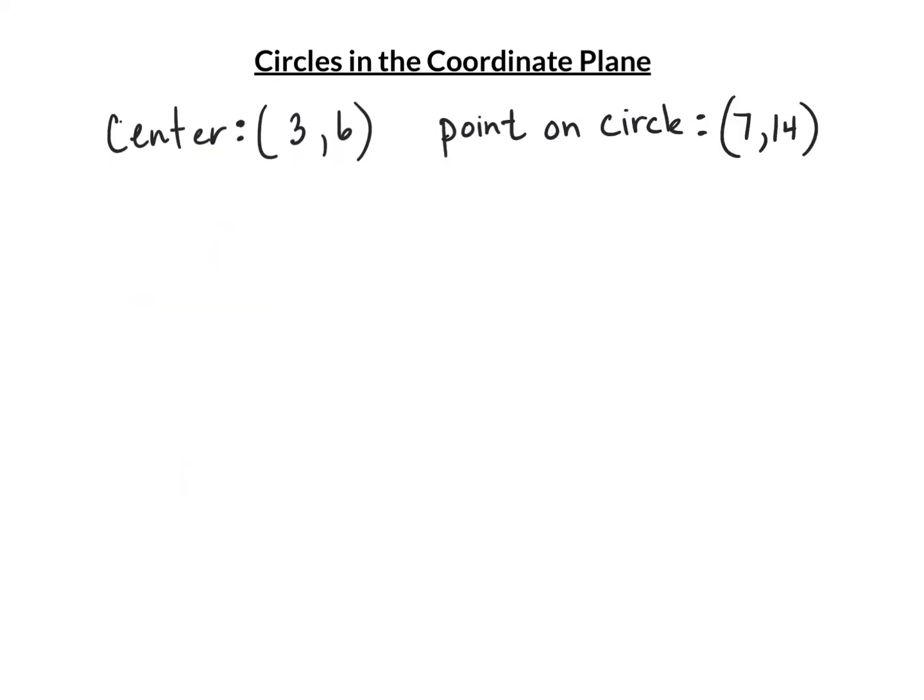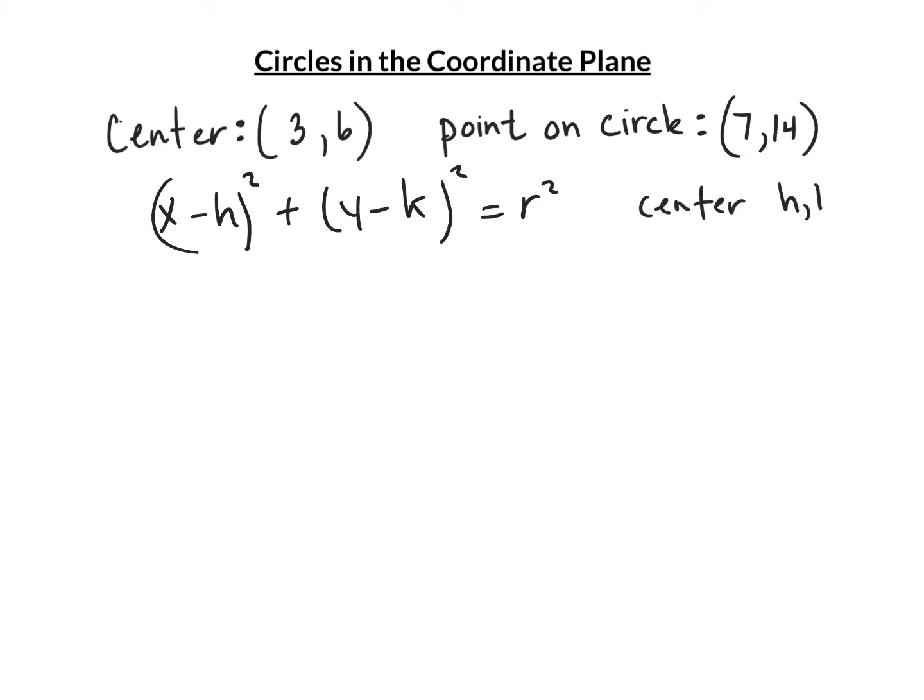If they were to give you the center and a point on the circle, it turns out to be fairly easy to find the radius. Take your formula, x minus h squared plus y minus k squared equals r squared. Remember, the center is h comma k, and plug in the values you have.